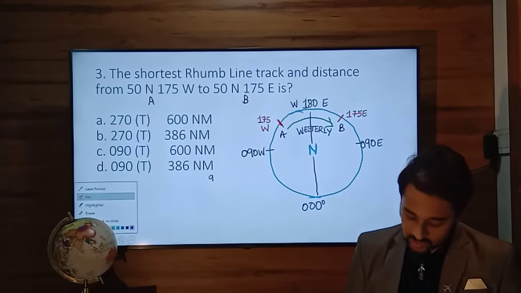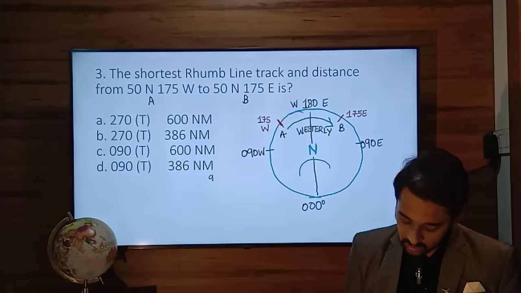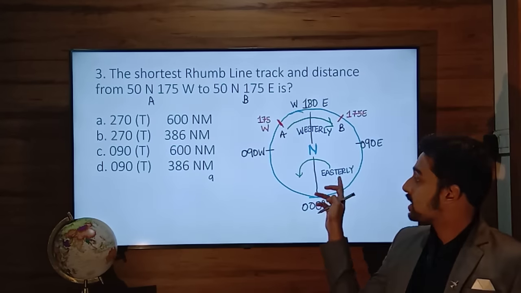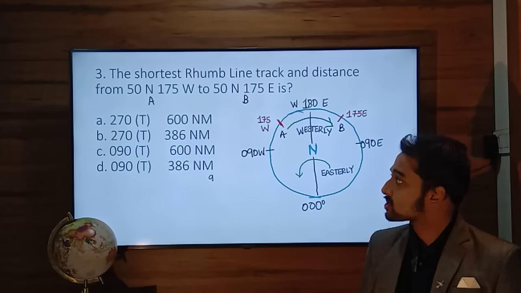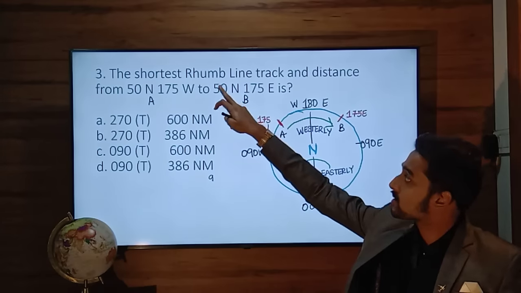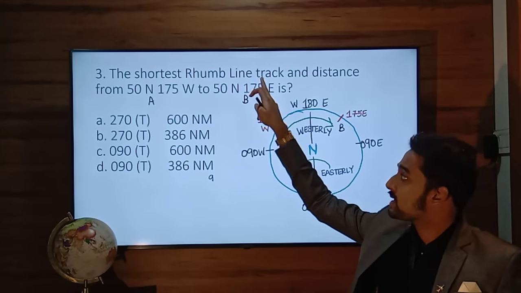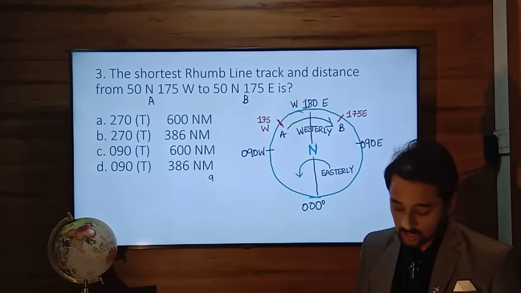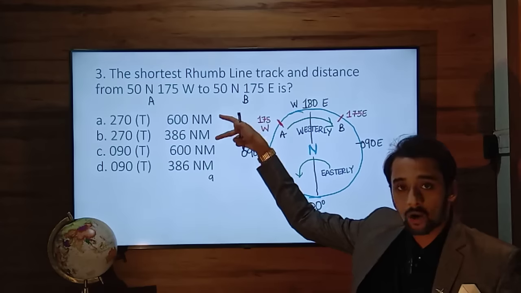All anti-clockwise directions are the opposite of that, which is easterly direction. Okay, so the answer to our question number 3, part 1, the Rhumb line track will be 270. Westerly means 270. So the possible option is A or B.